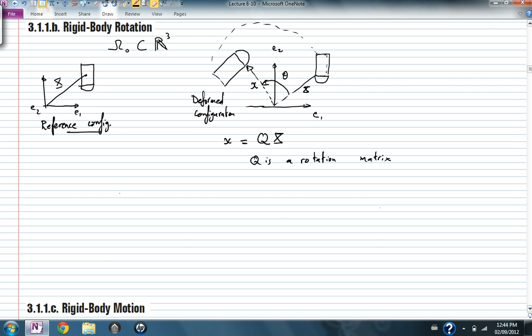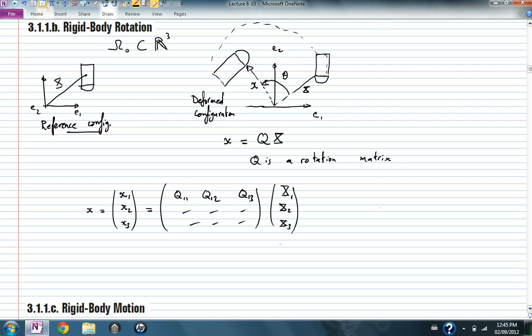So in general, x1, x2, x3 is equal to q11, q12, q13, and so on, multiplied by the original position. And the displacement vector is equal to the new position minus the old position.